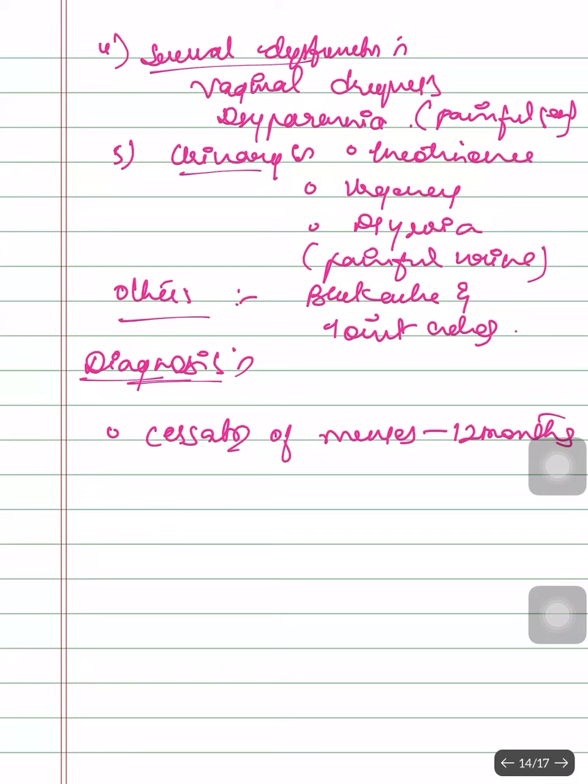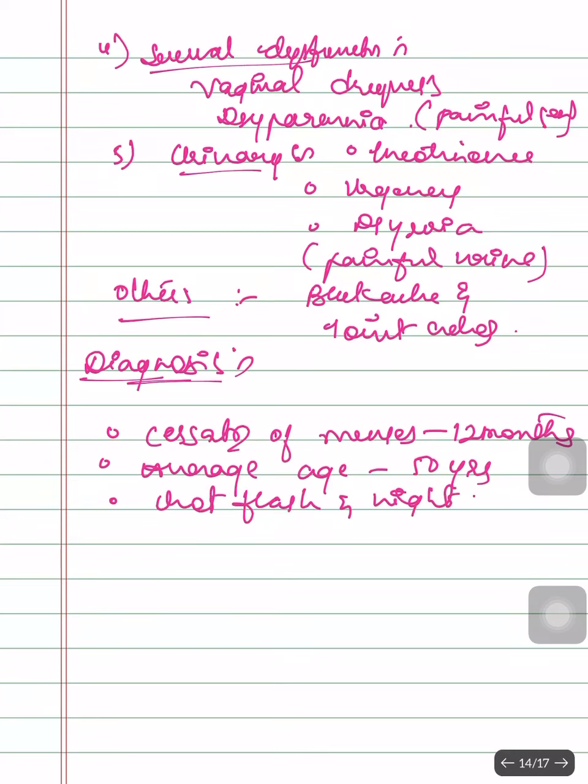Next, coming to the diagnosis of menopause, you will see cessation of menses for 12 consecutive months, and the average age of menopause is 50 years. Appearance of menopausal symptoms, hot flashes and night sweats. Next, vaginal cytology showing a maturation index of 10/85/85, features of low estrogen.